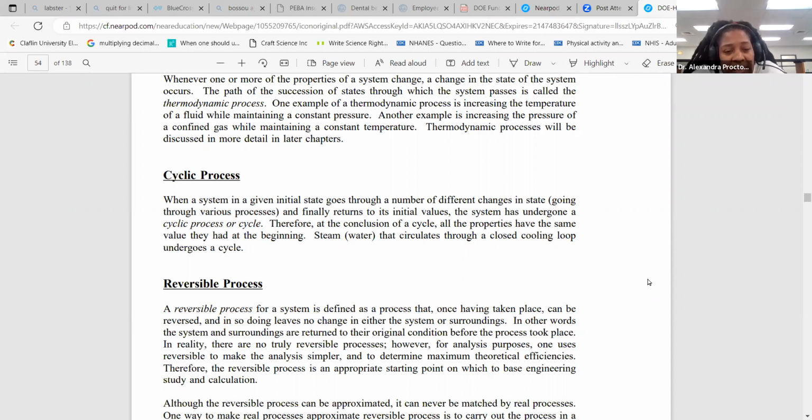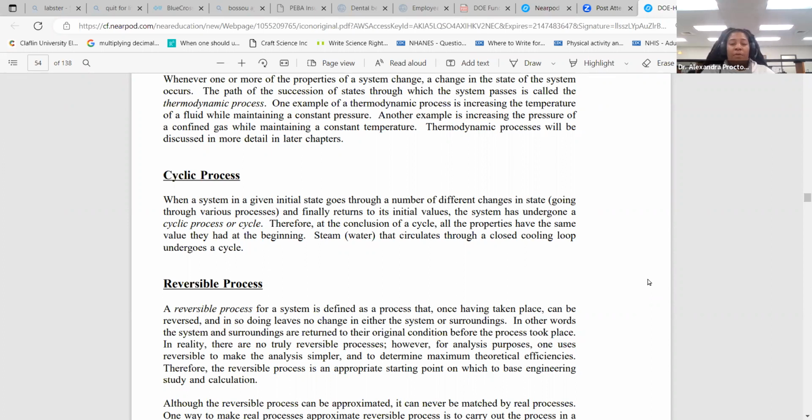In reality, there are no truly reversible processes. However, for analysis purposes, we use reversible because it just makes it easier. And so we're able to determine theoretical efficiency.